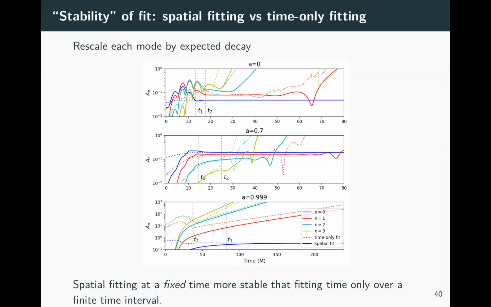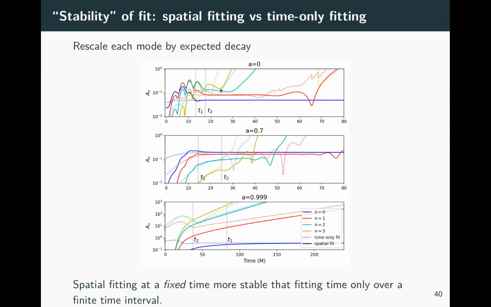And spatial fit, we're doing fits at constant fixed time slices over the entire radial information. So we see that the first overtone, very clean, is very stable for both fits. The blue is the 0th overtone, I guess, and the first overtone is red. We can fit that stably, but eventually we start seeing non-mode things going on here for both fits.